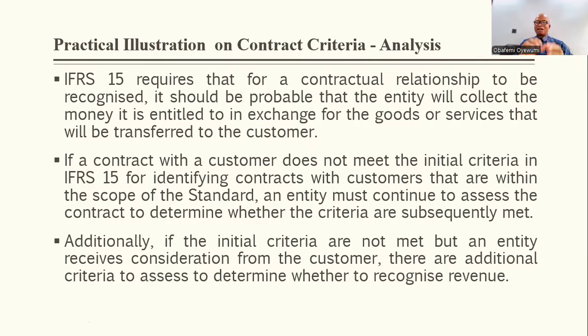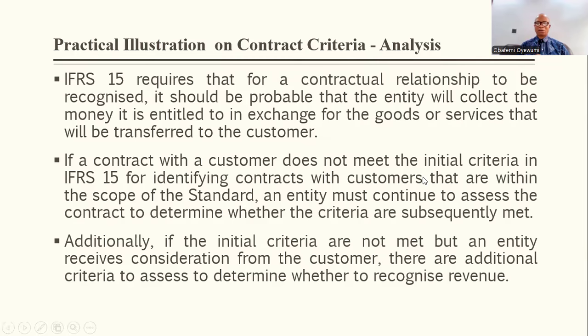If the initial criteria has not been met, then definitely we have to put it aside, no matter what has been signed. It has to be set aside in this particular case.